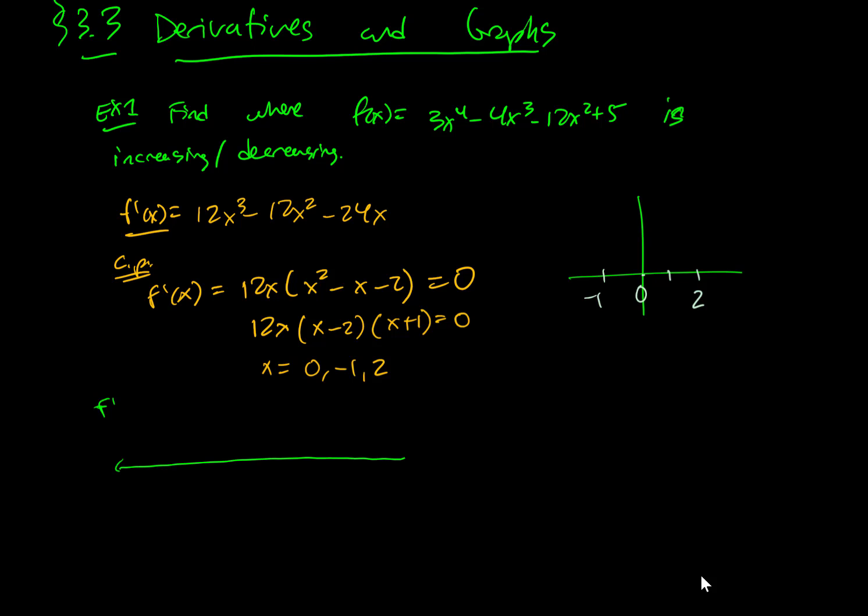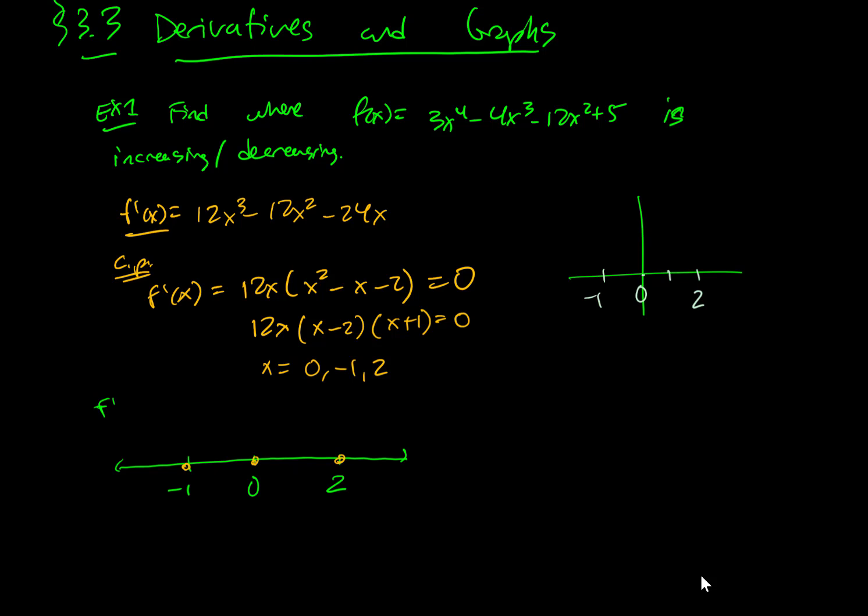All I care about is whether the derivative is positive or negative in between these areas. What I know is that the derivative is 0 at these 3 locations. So the derivative hits 0 there. What's it doing everywhere else?